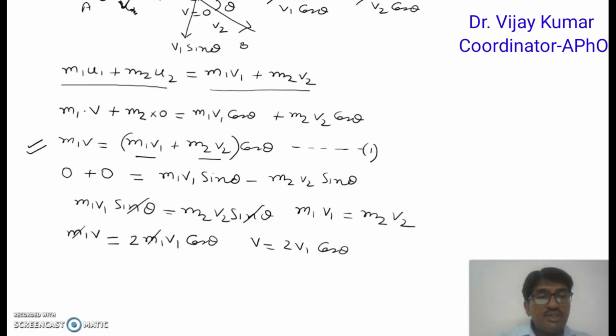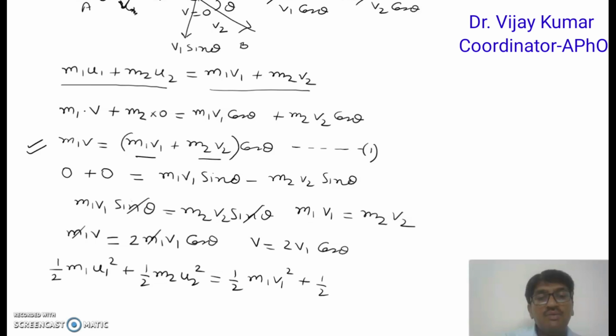Now we apply the elastic condition, conservation of kinetic energy. We know that half m1 u1 square plus half m2 u2 square equals half m1 v1 square plus half m2 v2 square. This is conservation of kinetic energy.